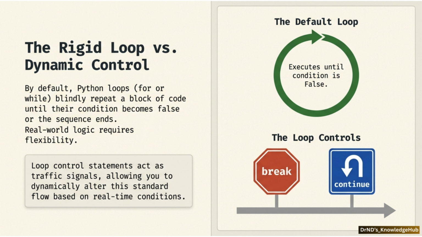By default, Python loops continue executing until their condition becomes false or until every item in the sequence has been processed. However, real-life situations are rarely so straightforward. Think of a traffic signal. Normally, vehicles keep moving forward, but sometimes they need to stop immediately.